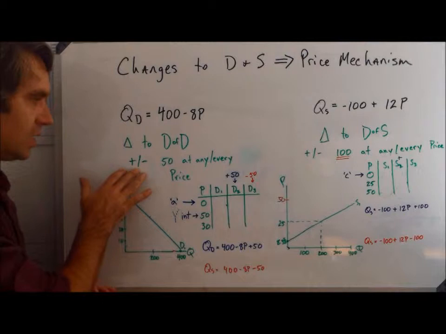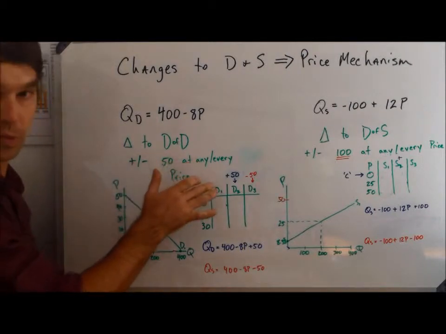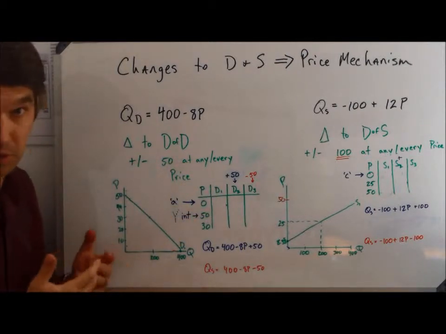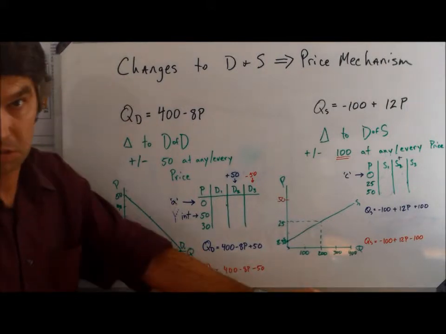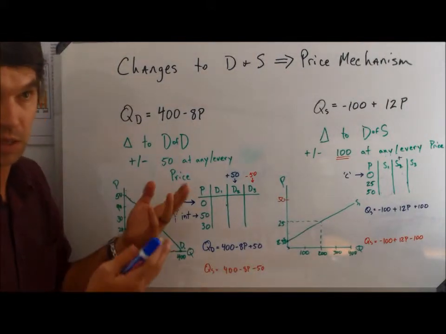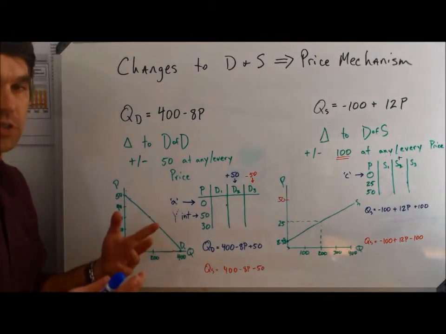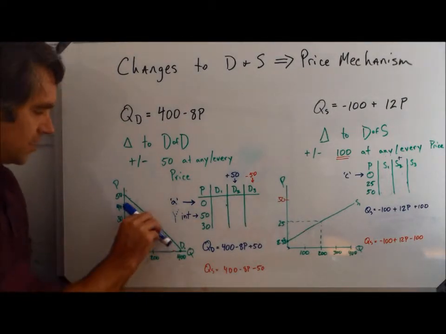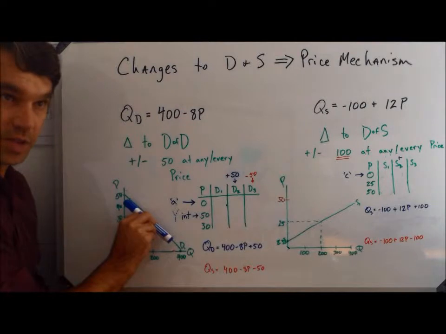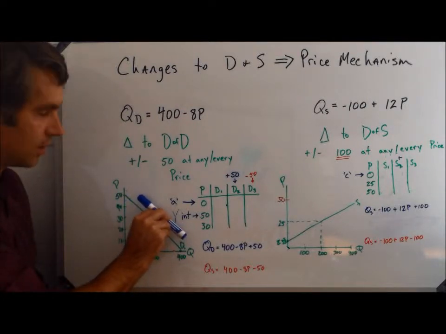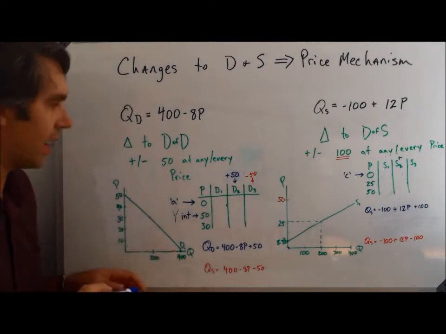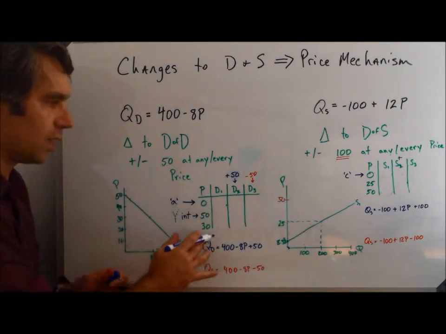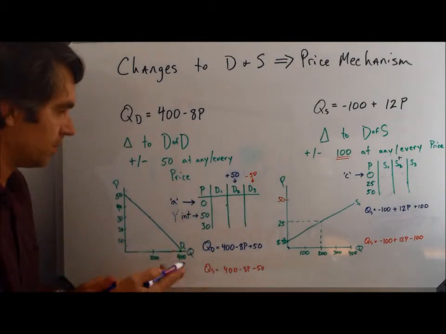So if there's a change of positive 50 at every price, because maybe people just have a greater taste for the product, maybe there's a new flavor, or there's an added nutritional value or something like that, what we're going to expect is that the demand curve is going to shift to the right here. Well, since we're saying it's plus 50 at any and every price, we can see that real quickly by doing up a little schedule.